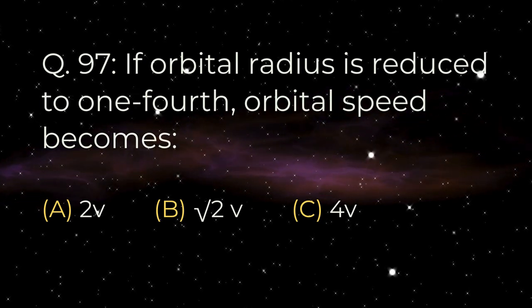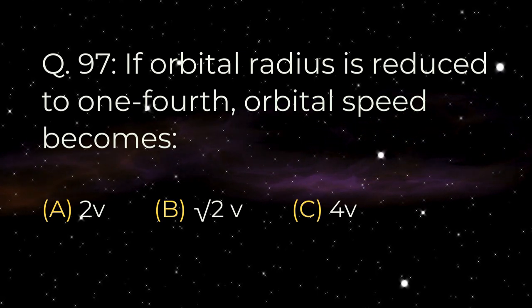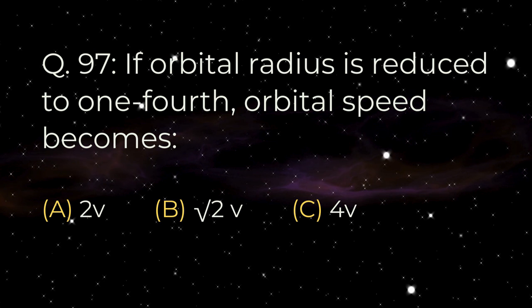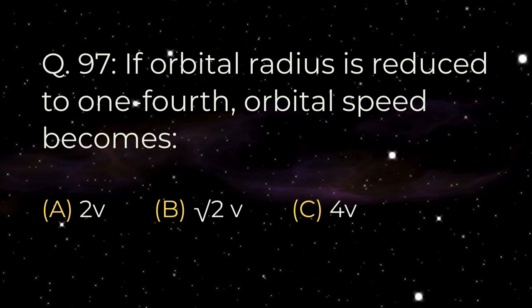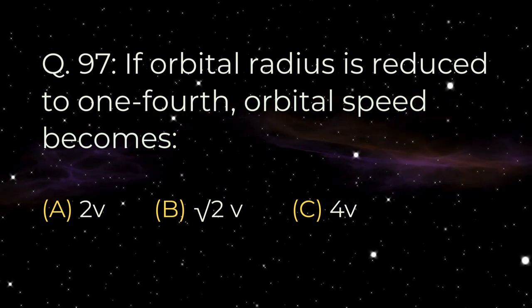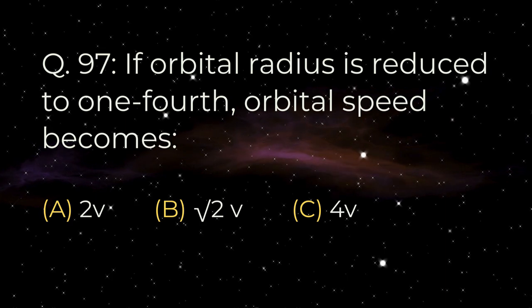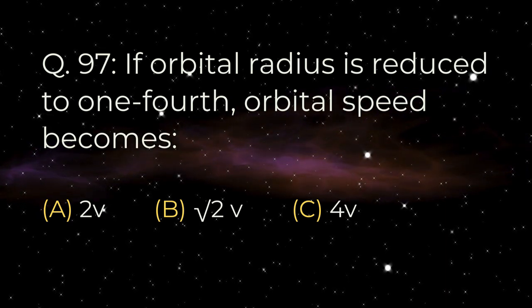Question 97. If the orbital radius of a satellite is reduced to one-fourth, its orbital speed becomes: option A, 2v; option B, root 2 v; option C, 4v.